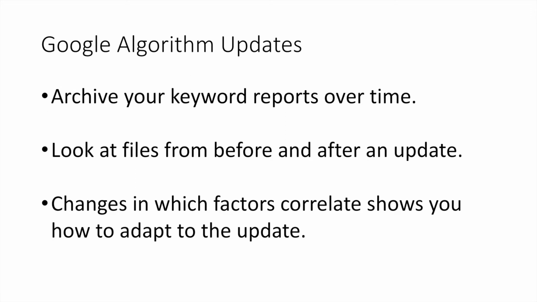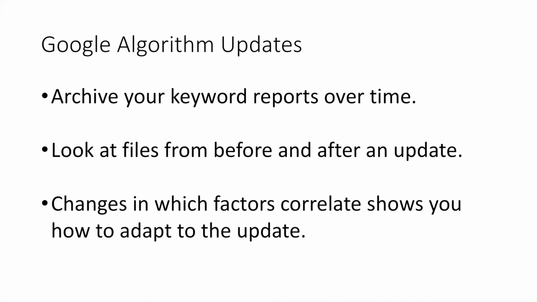Also, with Google algorithm updates, it's important to keep an archive over time, because if you look at a keyword file before and after the algorithm update, any of the changes in which factors are correlating shows you how to adapt to the algorithm update.